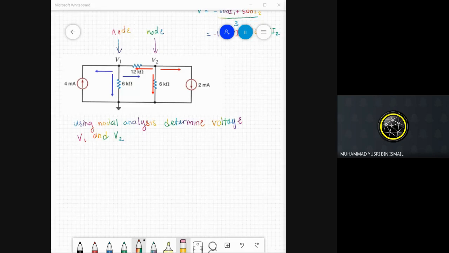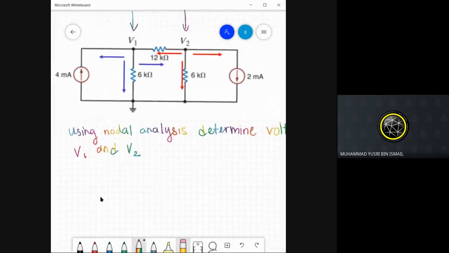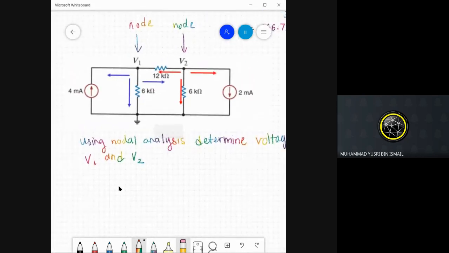Okay. So I will write it as first at node. Okay, this will be the reference or ground node.